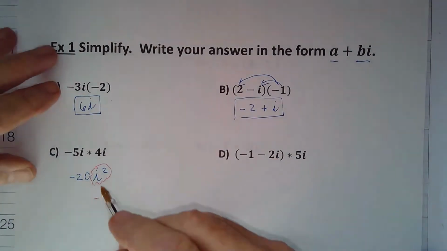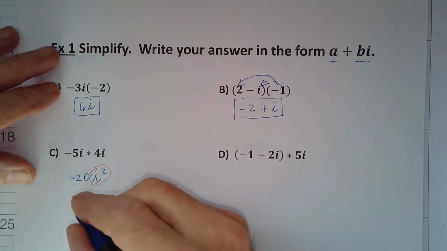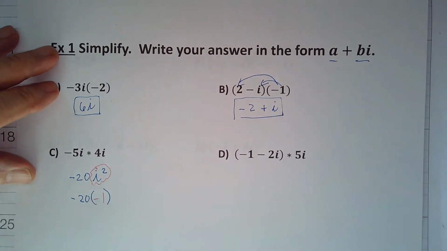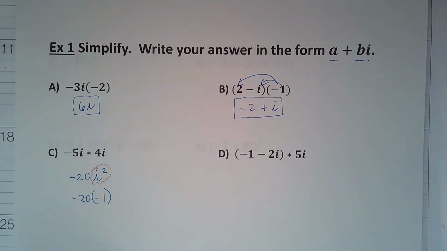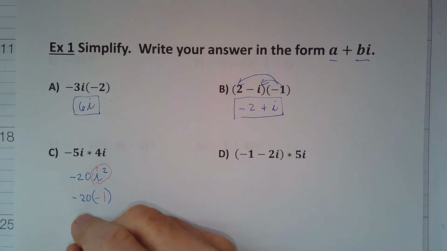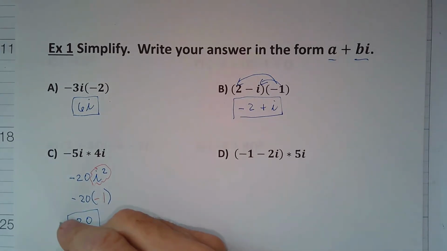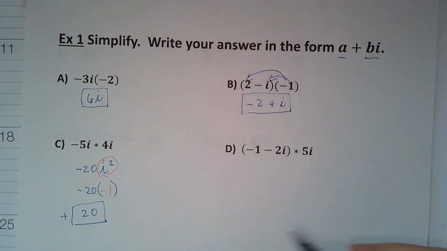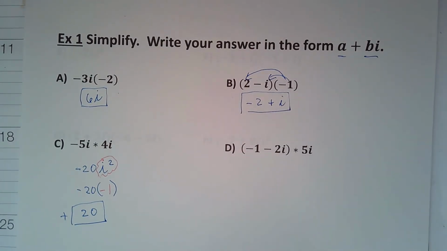So this is really negative 20 times negative 1. All right? And a negative times a negative is a positive, so you end up with an answer of positive 20. Okay? Positive 20. Put the plus sign outside there so you can see it. But that's your answer.